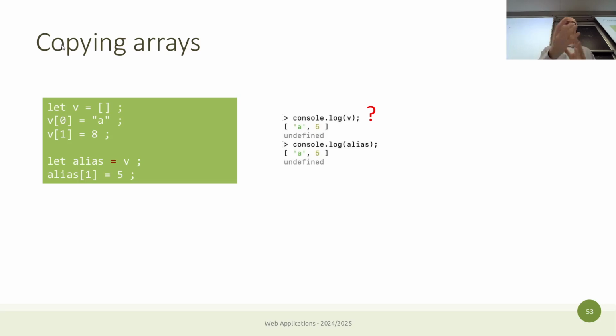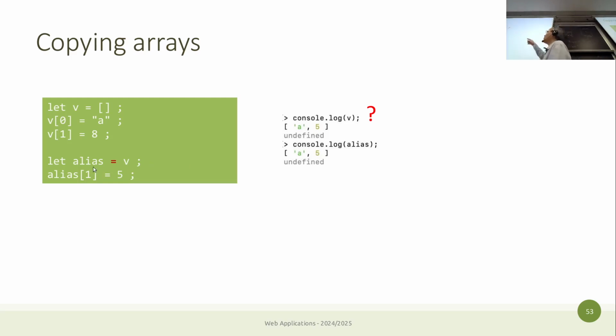What about copying arrays? If you do something like this, alias equal to v, so another variable equal to v, you are copying the reference, because we said that the value contained in the variable is the reference. Okay? So, of course, it works until here, they are the same. But then if I write alias 1 equal to 5, what's the content of v? Of course, alias we know.